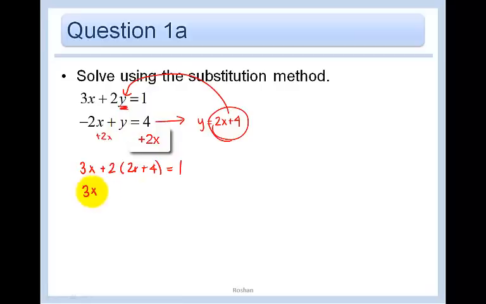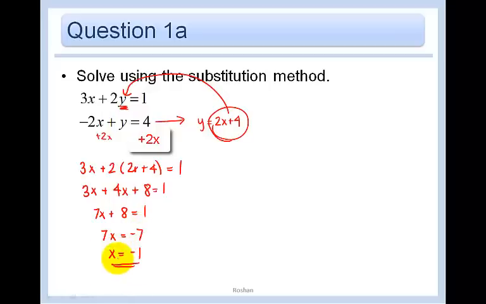Let's distribute. Plus 4x plus 8 equals 1. Combine like terms. Scoot that 8 over to the other side. And we have x equals -1.